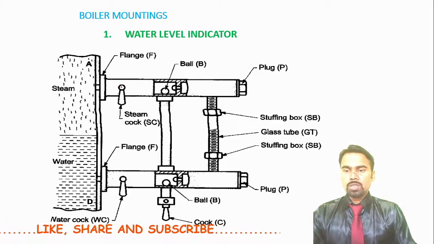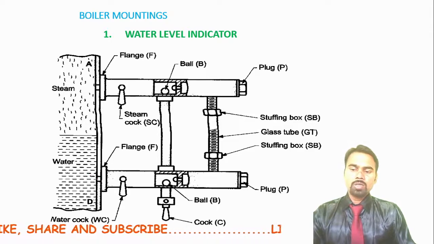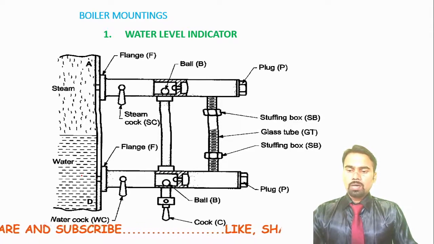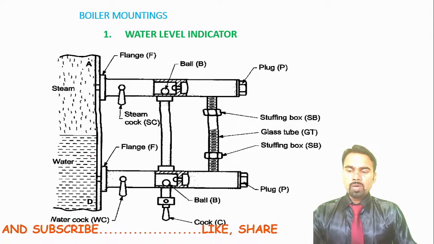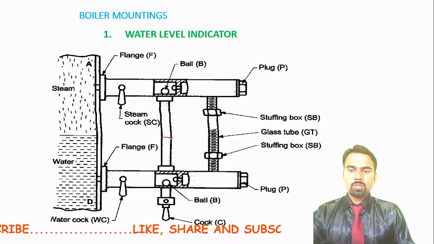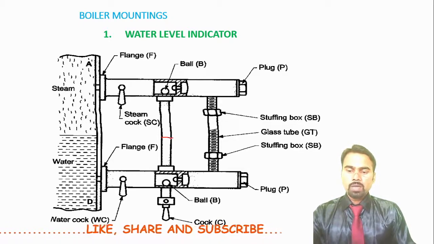The top portion is in contact with the steam part, and the bottom portion is in contact with the water part. As the water level goes down, we can see the level in the glass tube. According to that, the operator can increase the water level inside the boiler.